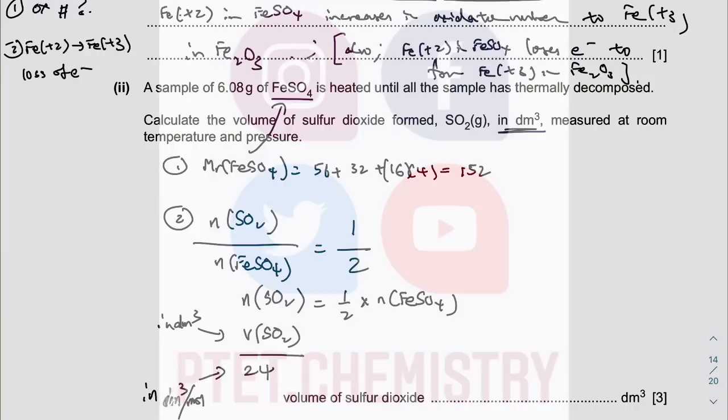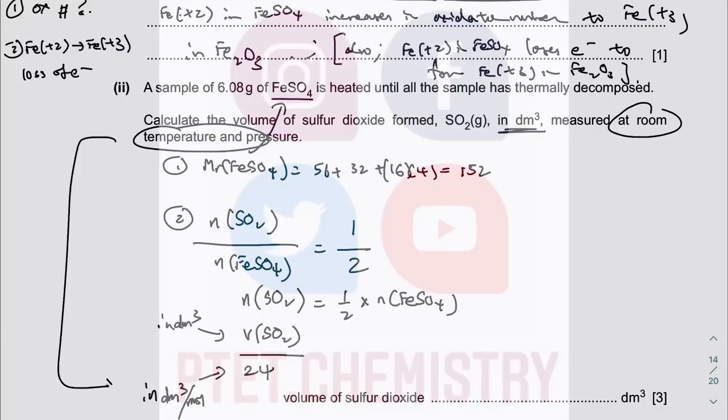That is the molar volume of any gas at room temperature and pressure. So that is equal to half times the mass, which is 6.08, divided by the molar mass of iron(II) sulfate. I can move the 24 up there and then do my calculations on my calculator.